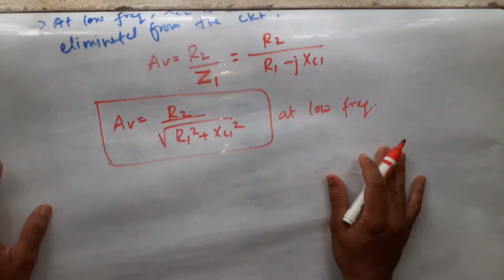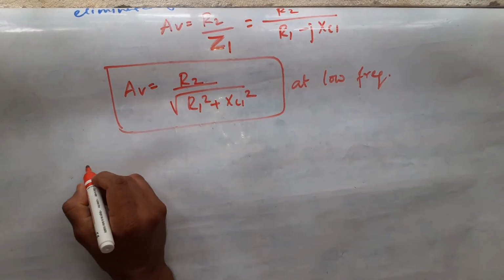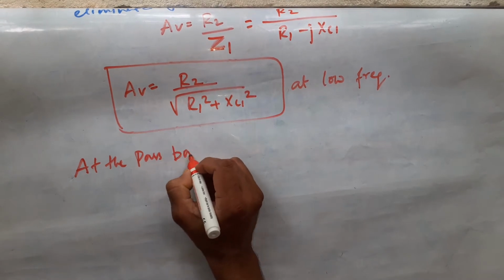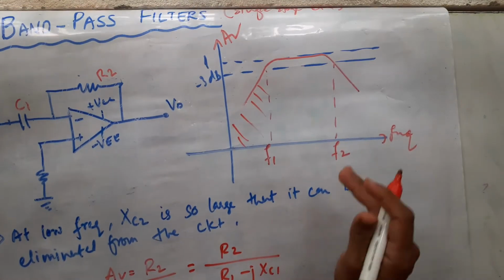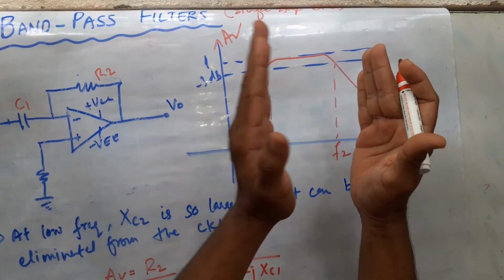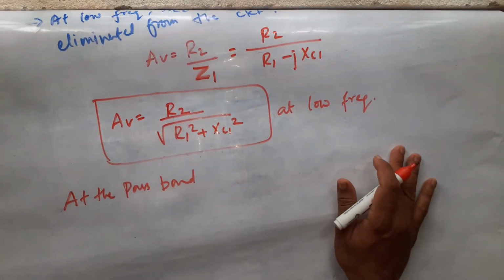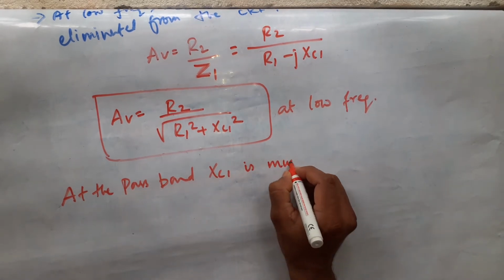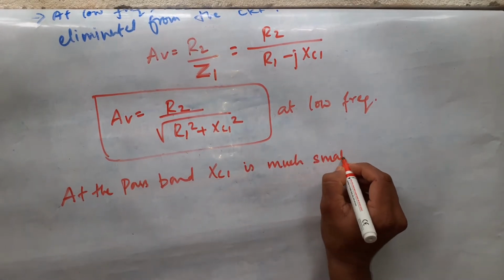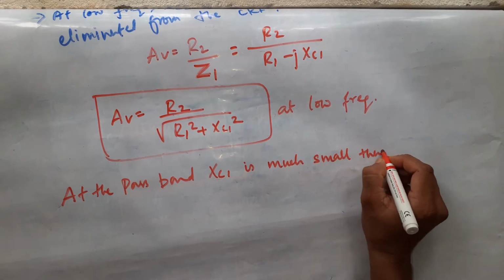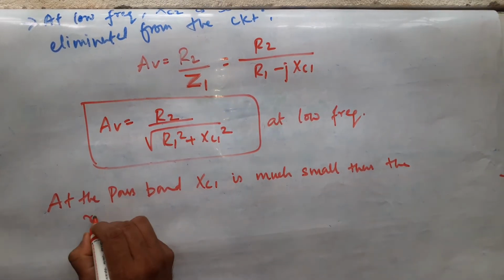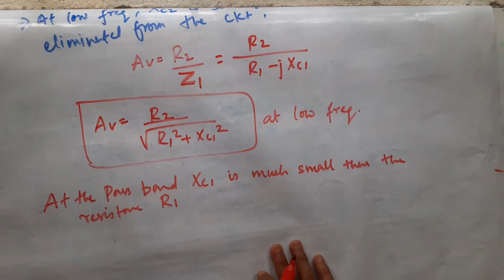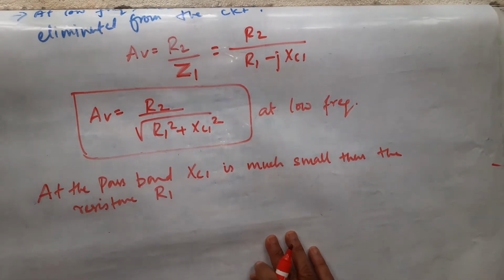Now, at the pass band, where is the pass band? Our pass band is here, this portion, between F1 and F2. At pass band, XC1 is much smaller than the resistance R1.